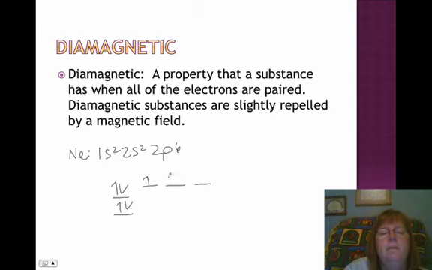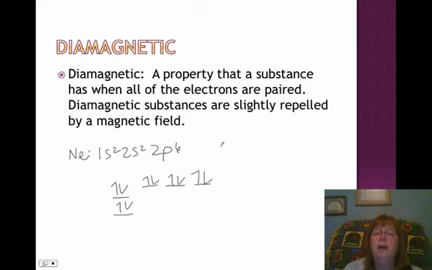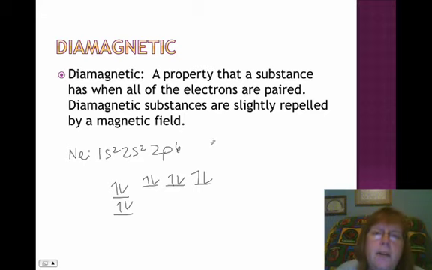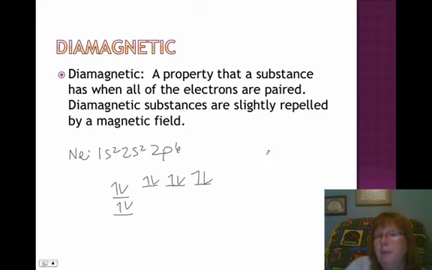Notice that I'm filling them in following Hund's and Pauli's rules, and every single electron is paired up. That's called diamagnetic. The noble gases are diamagnetic. Also, group 2, the alkaline earth metals, are diamagnetic, and group 12 is also diamagnetic. All of their electrons will be paired up. So that is diamagnetic.